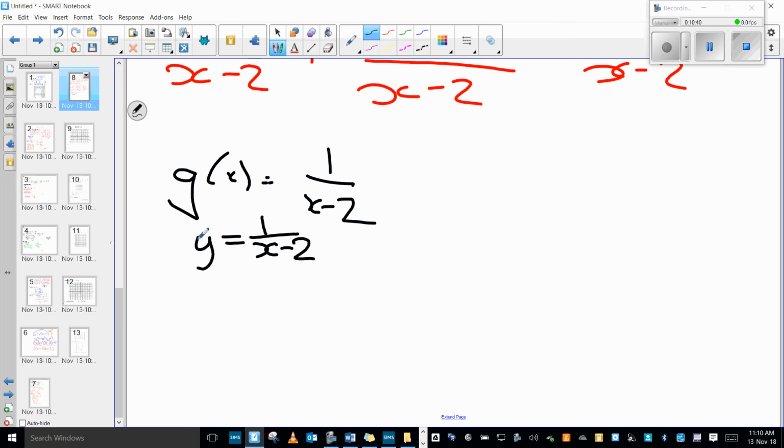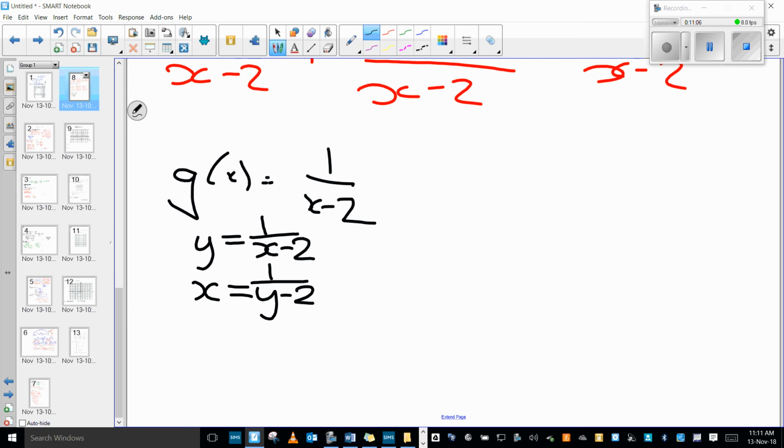Because it's an inverse function, you can swap things around. You need to make y the subject, so you need to rearrange it so y is on its own.